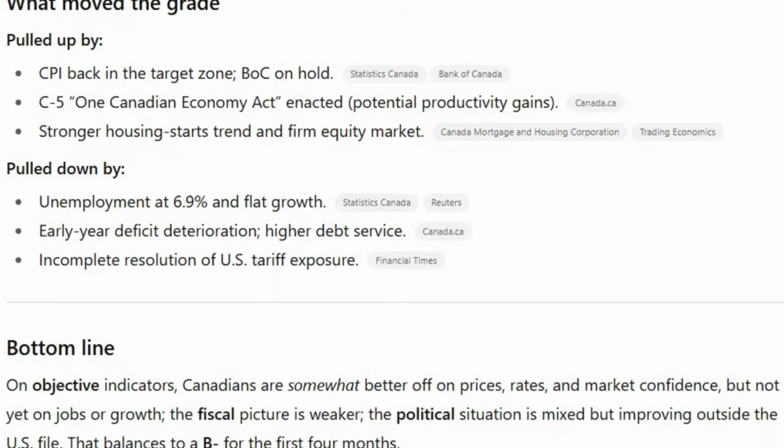And then the stronger housing starts trend and the firm equity market. What pulled down the grade? The unemployment, 6.9, and flat growth, early deficit deterioration, and a higher debt service, incomplete resolution of the US tariff exposure.